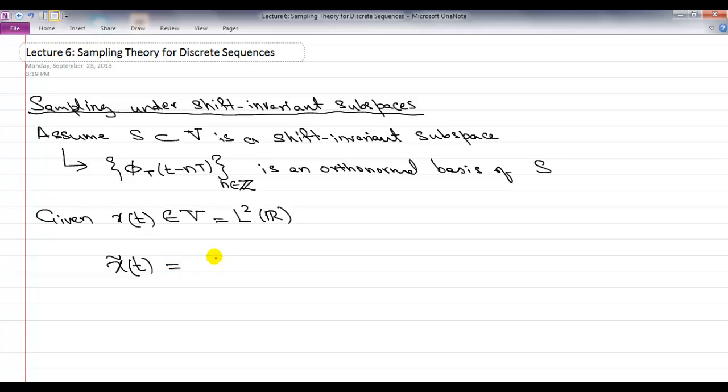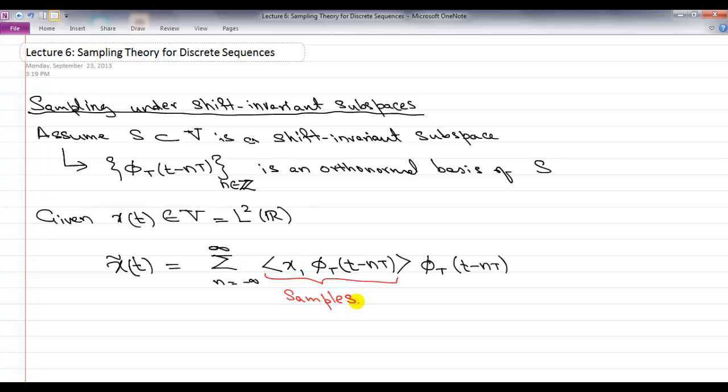That is simply given by inner products of that function with all the basis elements phi of t minus nT, multiplied with the same basis element afterward, n equals minus infinity to infinity. And we said that these inner products correspond to the samples, and this whole expression, x tilde, the summation of these samples times the phi of t's, corresponds to the interpolation.